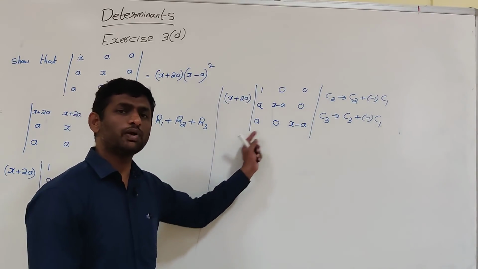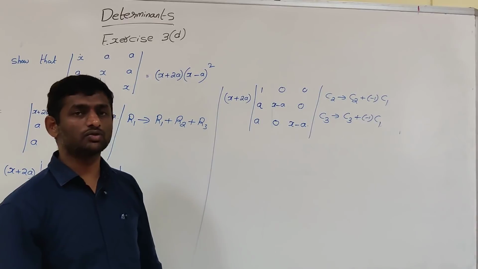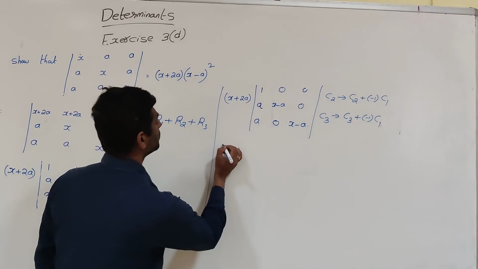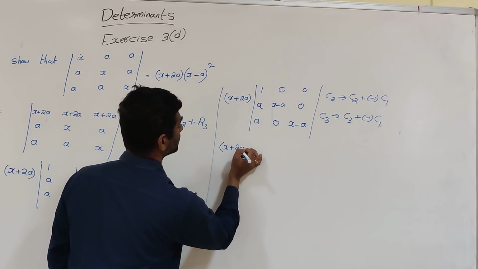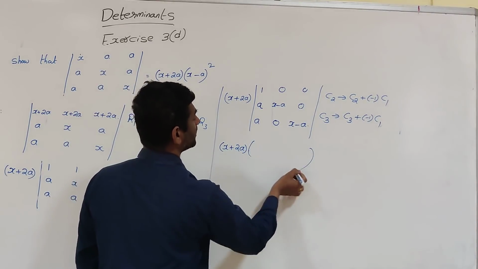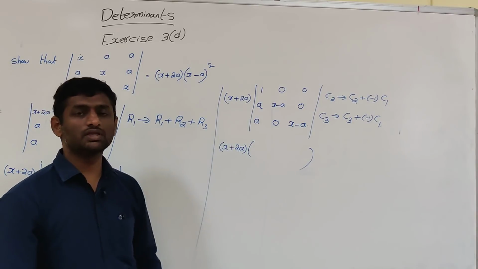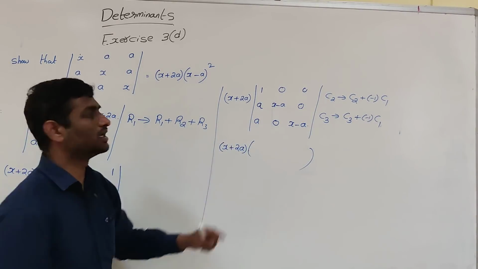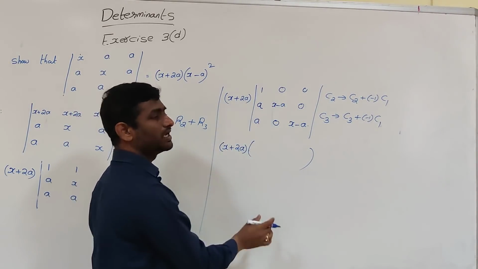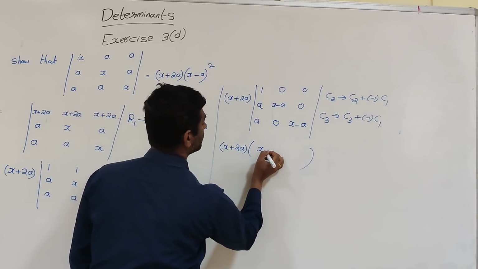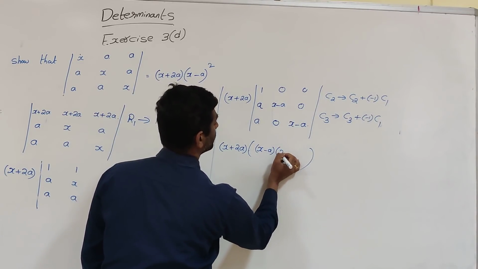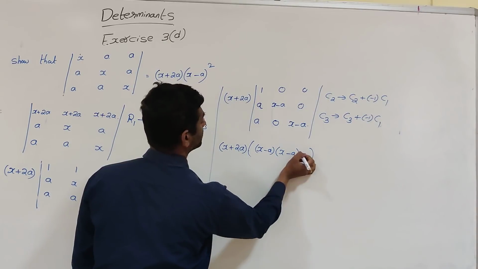Or you can expand using the definition of the determinant, and you will get the same value. So x plus 2a into the determinant of this 3 by 3 matrix, which will be the product of the diagonal elements: 1 into x minus a into x minus a. So that will be x minus a into x minus a into 1.